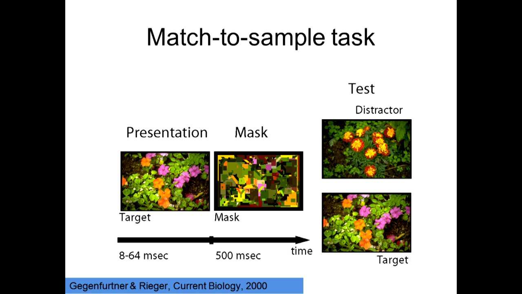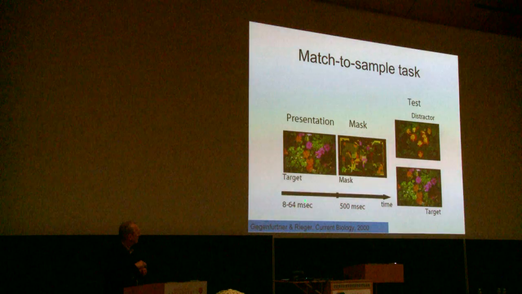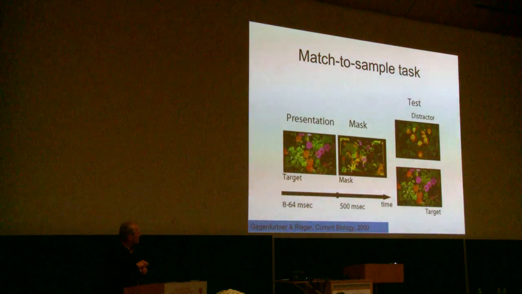And the mask has the effect basically of wiping out the residual of that image in visual cortex, so that the target image really only is available for the short period it is presented here, between 8 and 64 milliseconds. And then after the mask, we show two images, the target image together with a distractor.